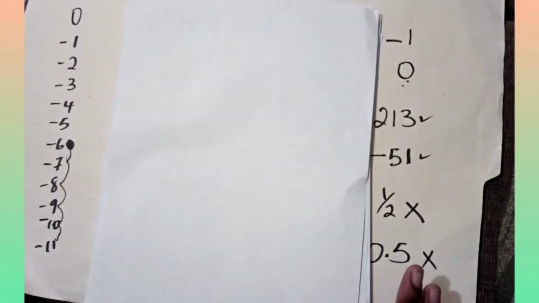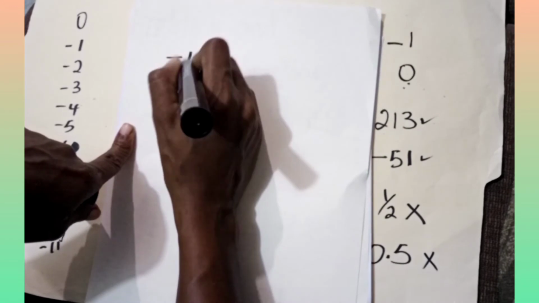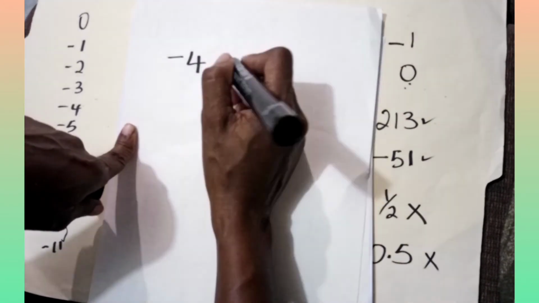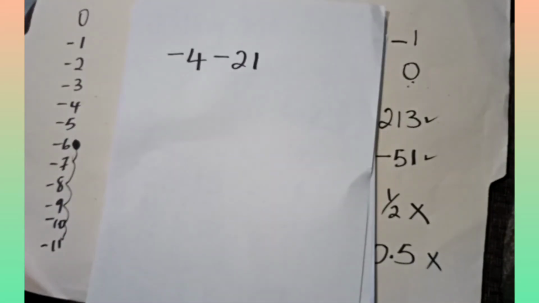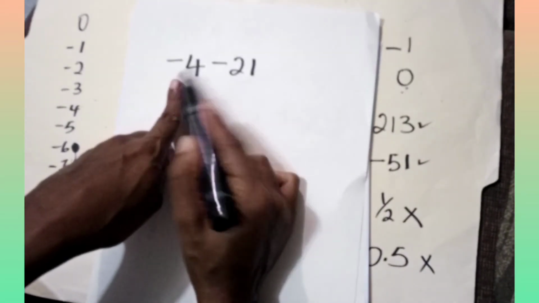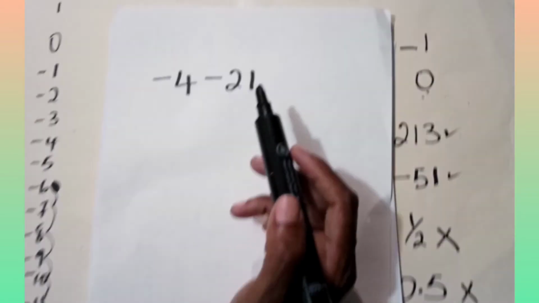Well, let us try two more. Negative 4 minus 21. By now you should realize once the numbers have the same sign, then you add them. Right? When the numbers have the same sign, you add them.